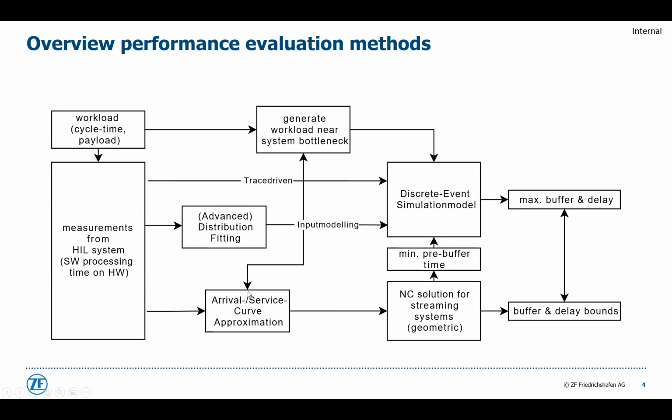The measurements are also used for arrival and service curve approximations to calculate with network calculus the buffer and delay bounds, and also the needed pre-buffer delay to use as a parameter in the discrete event simulation model. The bounds are verified by the simulation model. With the simulation model, we can change the workload, like cycle time or payload of the streams, and generate workload near the system bottleneck.